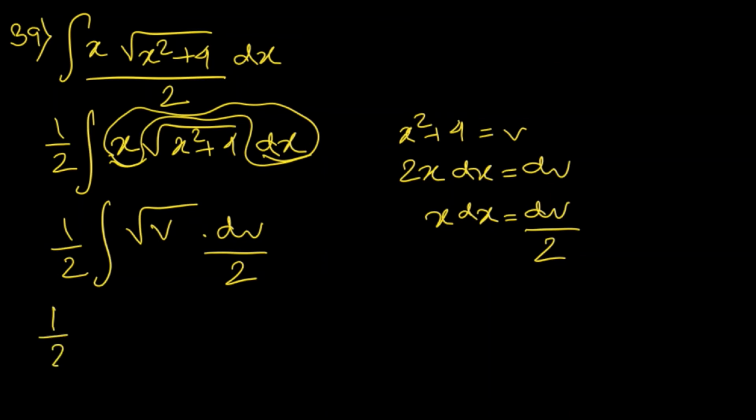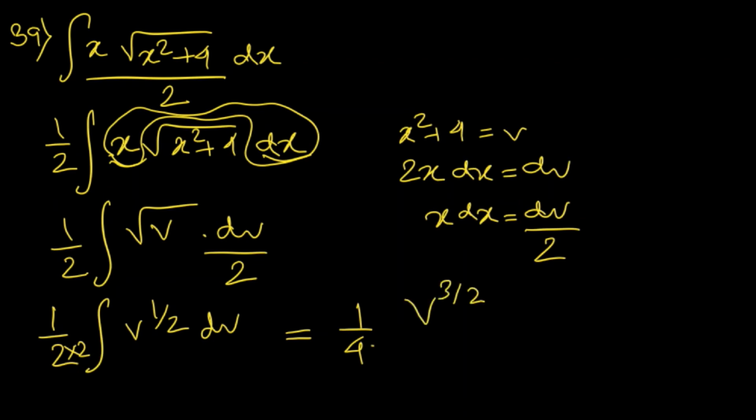Obviously root v means v to the power 1 by 2, and these two terms come out and get multiplied with dv. So what we get is 1 by 4 v to the power 3 by 2 by 3 by 2, plus c. This is the term it comes to.